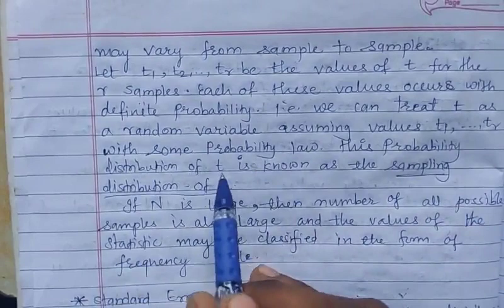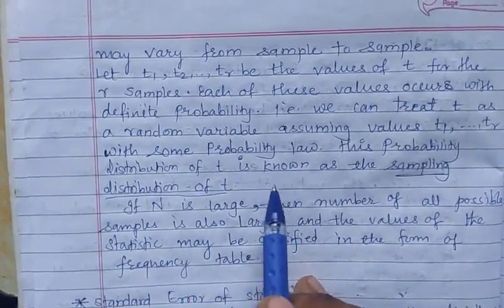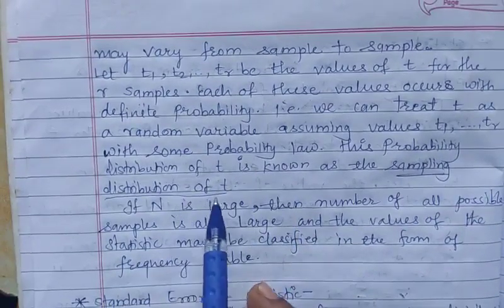This probability distribution of T is known as the sampling distribution of T. So that's called the sampling distribution of T.